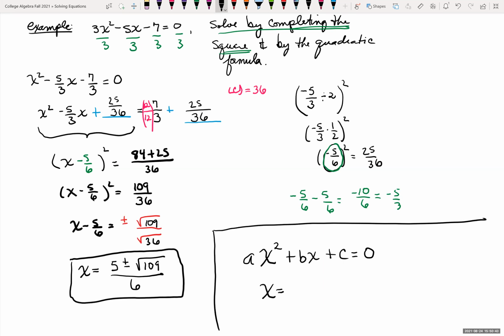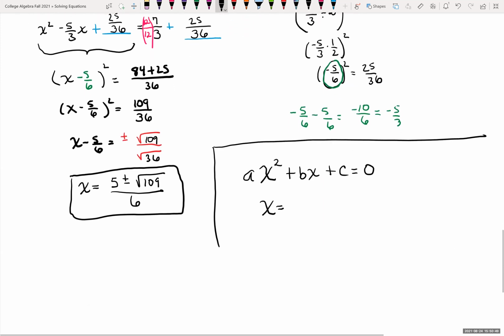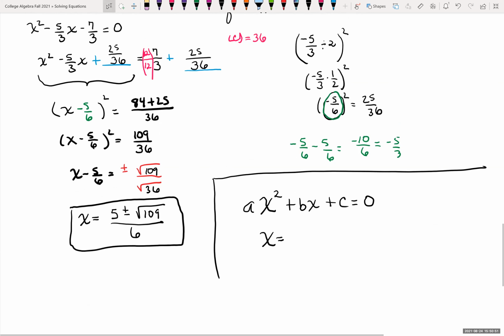Here is maybe a way to memorize it, maybe not. Just like "please excuse my dear Aunt Sally" stands for parentheses, exponents, multiply, divide, add, subtract, order of operations. So here we go.